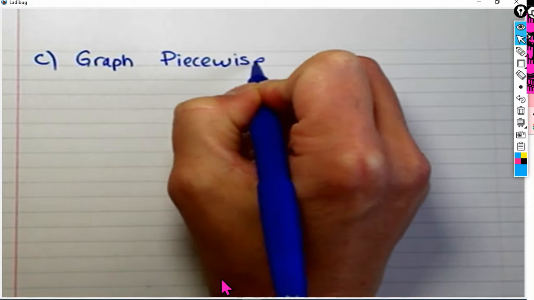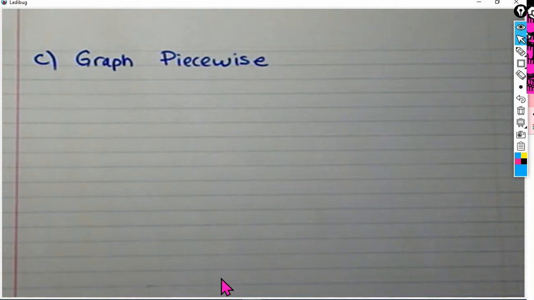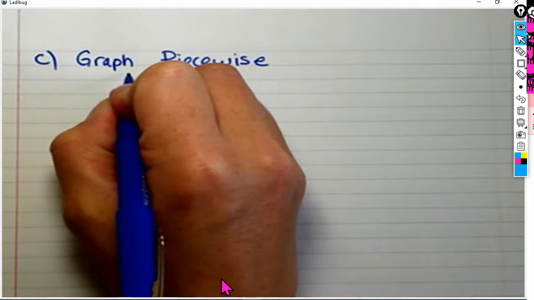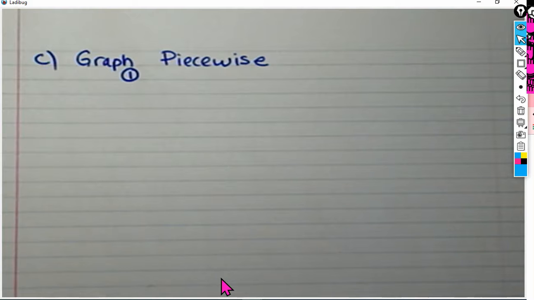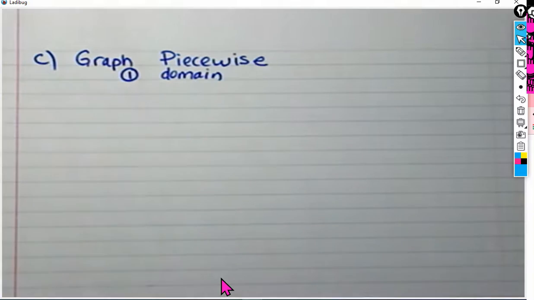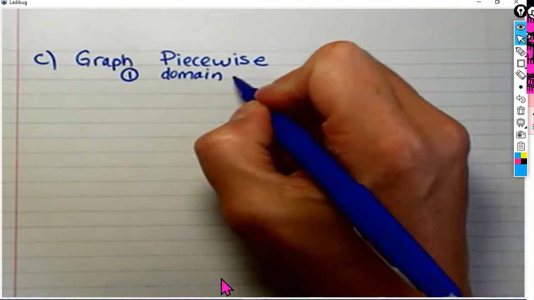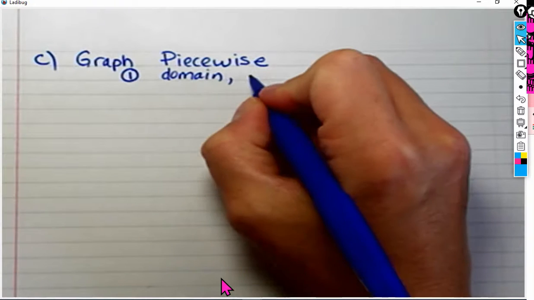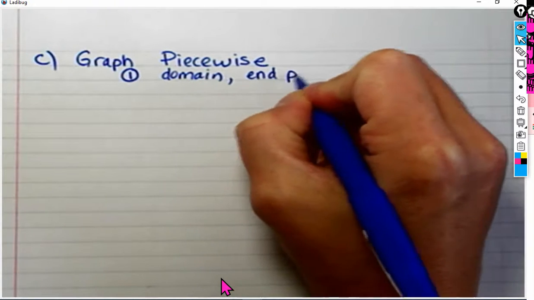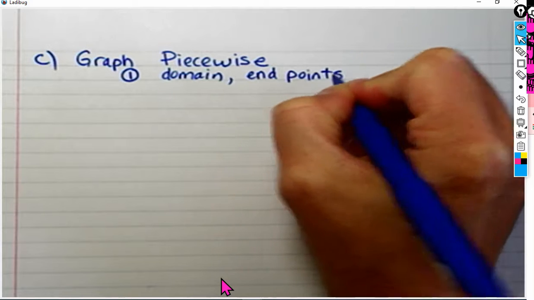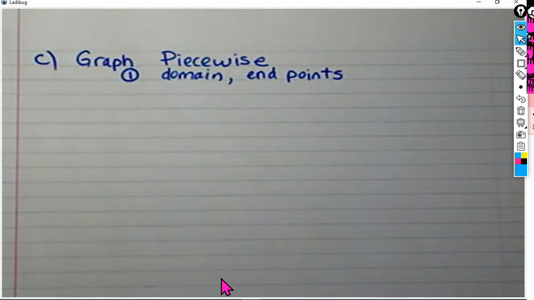So we are going to graph piecewise. One of the things you have to consider is the domain. That's kind of always the first thing that we're looking at. When we are graphing, the domain is what corresponds to the potential endpoints on the graph, right?